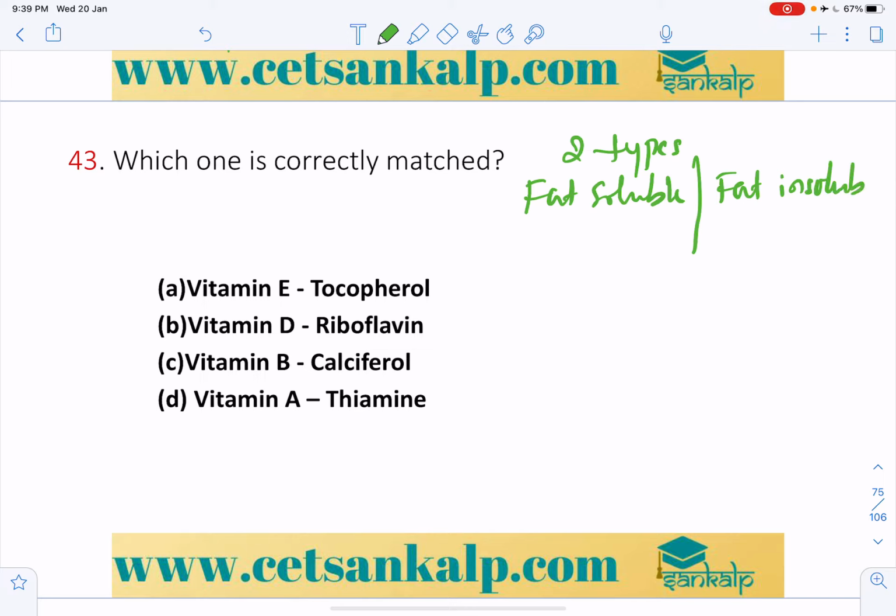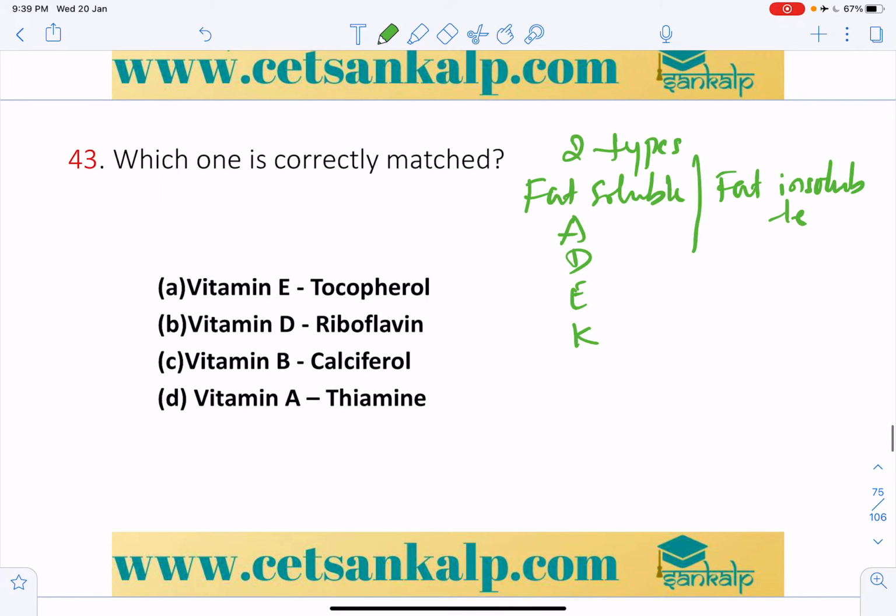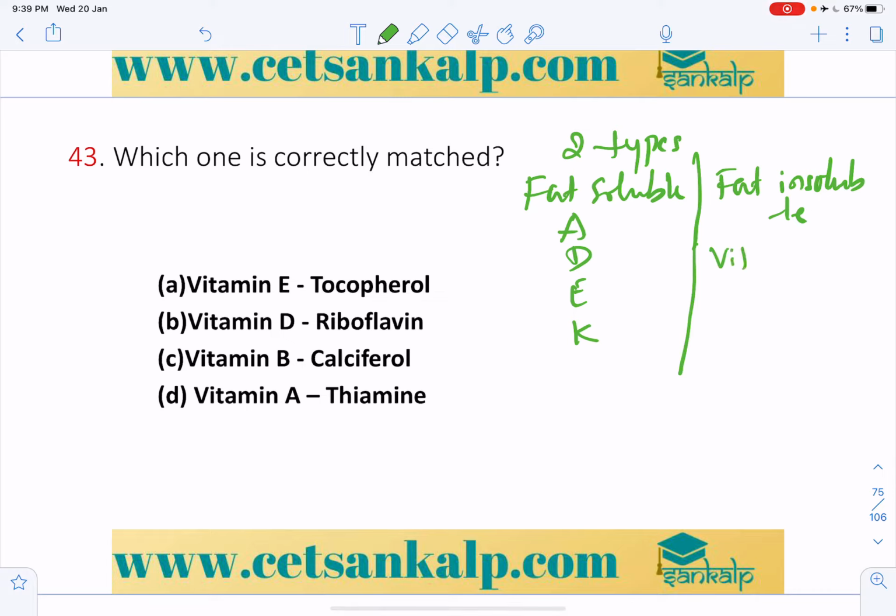Fat soluble are A, D, E, K, and the fat insoluble are vitamin B and vitamin C. B complex includes B1, B2, B3 and B12. I will just give their names.